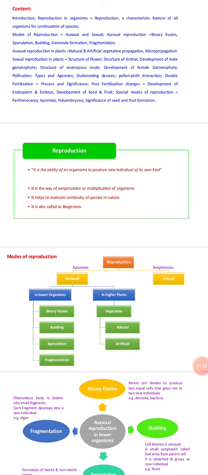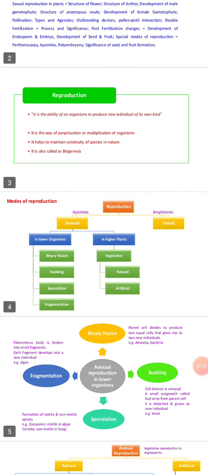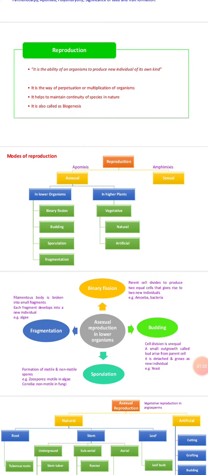Among them, we are going to see binary fission, budding, sporulation, and fragmentation. It takes place in the lower organisms. Lower organism means what? Those are organisms whose structure we can't make out with the naked eye. If we want to study them, we normally use a microscope, such as a compound microscope or an electron microscope.